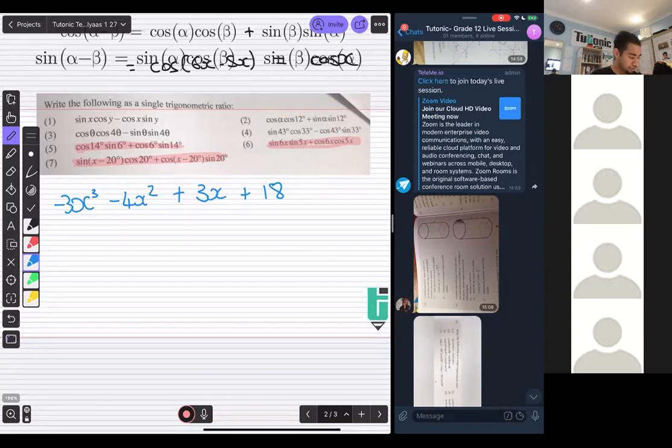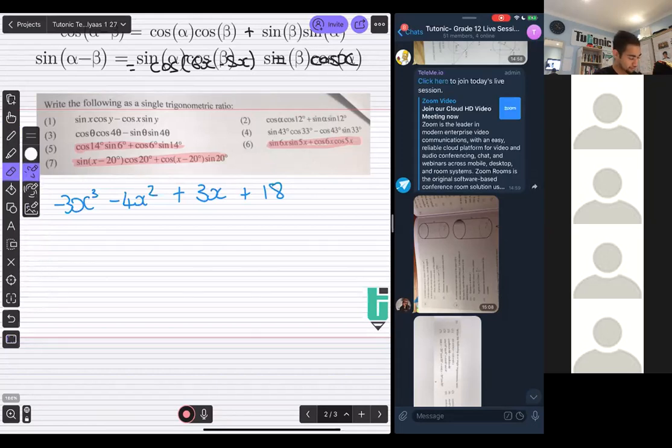Minus 3x cubed minus 4x squared plus 3x plus 18. Are you sure? It's written in my book. Can I give a different one then? Yeah, because this one doesn't factorize at all.